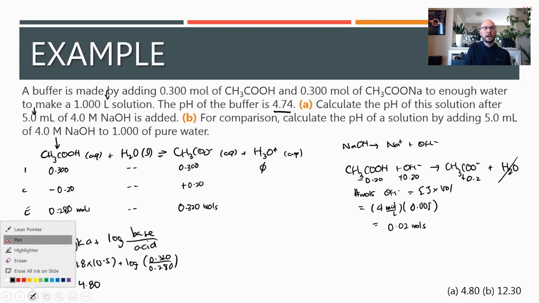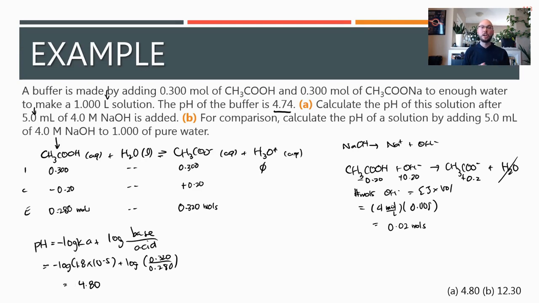Now, let's look at how much the pH would change if we were to add that same amount of sodium hydroxide to water. So let's say we've got sodium hydroxide, NaOH aqueous, which breaks down into Na plus and OH minus.